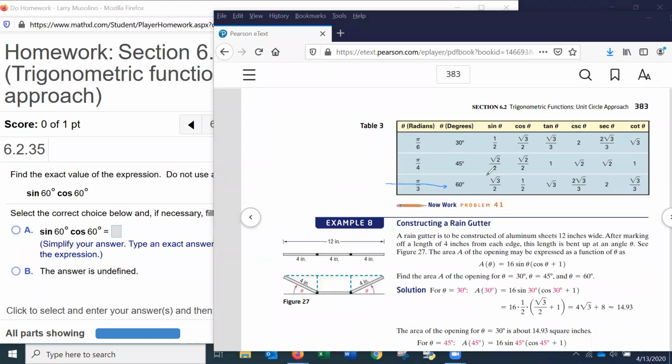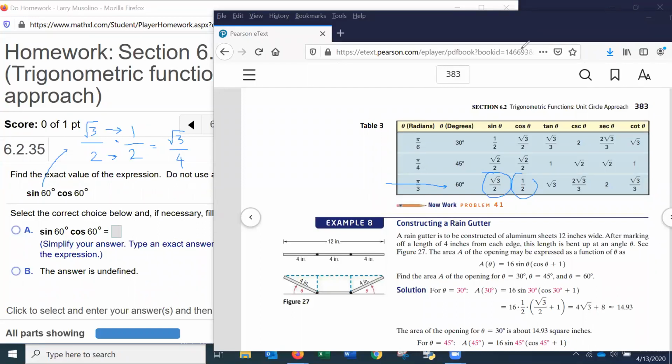The sine of 60 is square root of 3 over 2. The cosine of 60 is 1/2. So I'm going to multiply these together. Now, when you multiply fractions, you remember you just multiply across top and bottom. So this is going to be the square root of 3 over 4 for this answer.